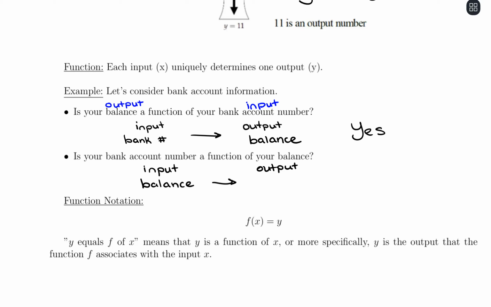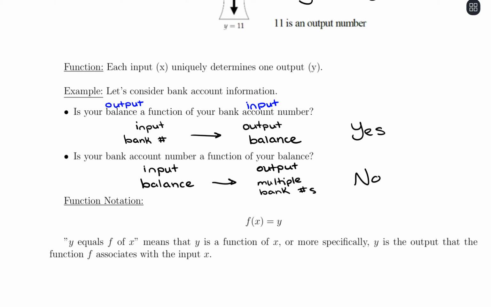There might be multiple of us with a certain amount of money in our account, and it would try to give you multiple account numbers that match up with it. That whole operation is not how a function works. To have this input value and then these multiple outputs, there would be multiple bank account numbers that could be outputs. So no, that is not how a function works.